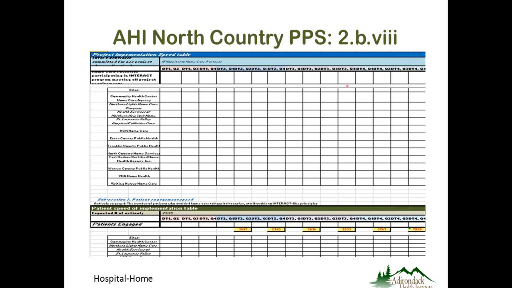What we need from you now, what you'll see on your template, is we have a list of participating partners or sites in each project, and what you're asked to do is consider the project requirements. Again, the link was shown on the previous slide, and those requirements will also be listed out in the work plan.